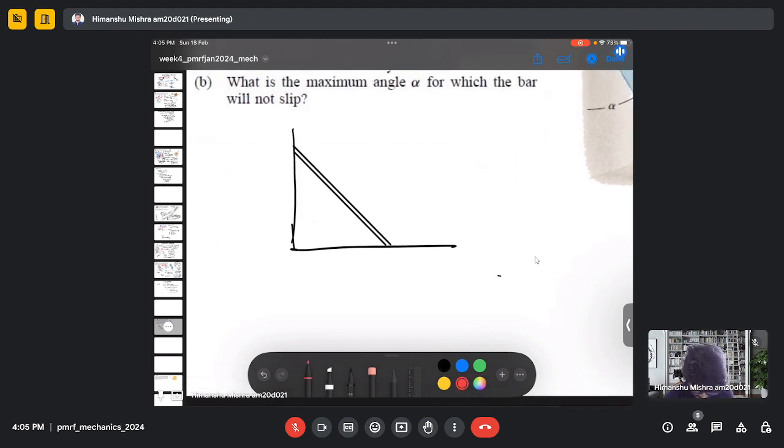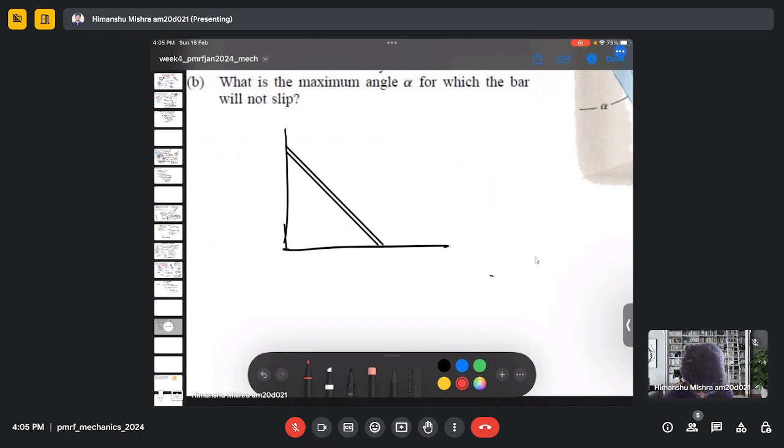And here we have normal. So this is my point A, this is my point B. Here we have a normal direction at A. And if this bar falls, it will fall like this. So the motion will be in the right direction, like this.